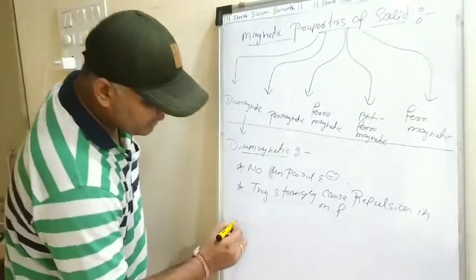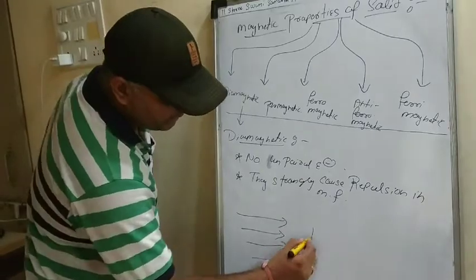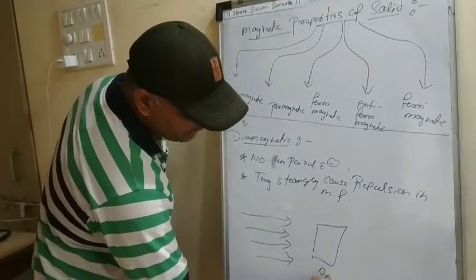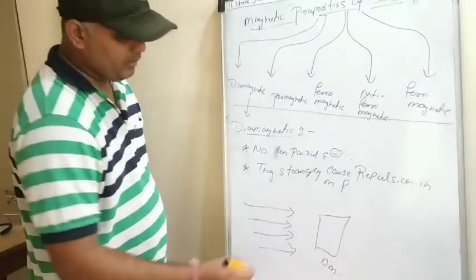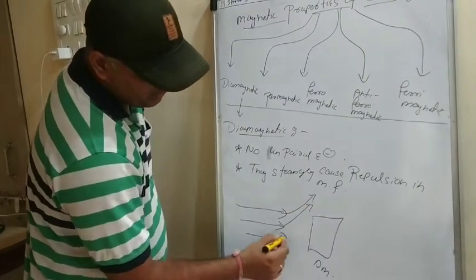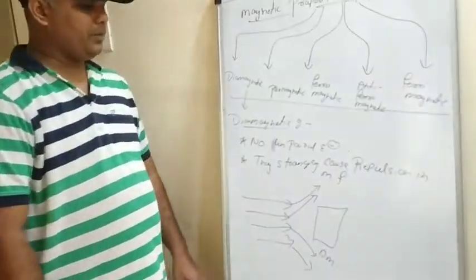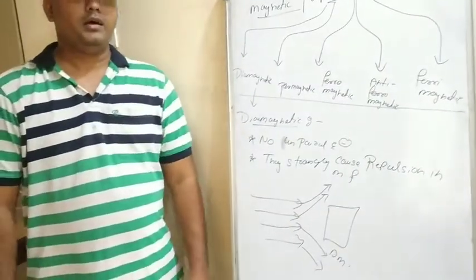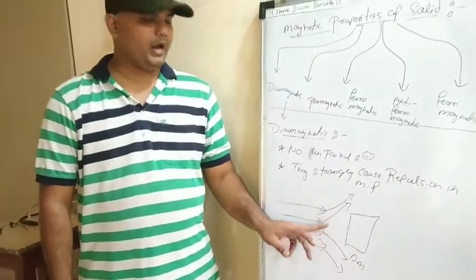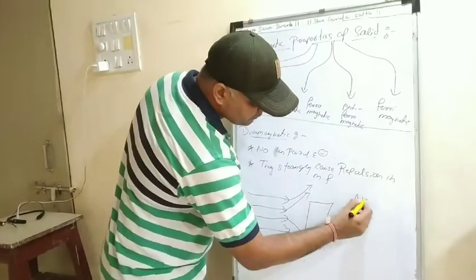Now let's say that this is the magnetic field, and if you place a diamagnetic material, what will happen? This diamagnetic material will start repelling from the magnetic field. So this is what happens when you place a diamagnetic material in a magnetic field. I hope that you have understood this. Now what can be an example?